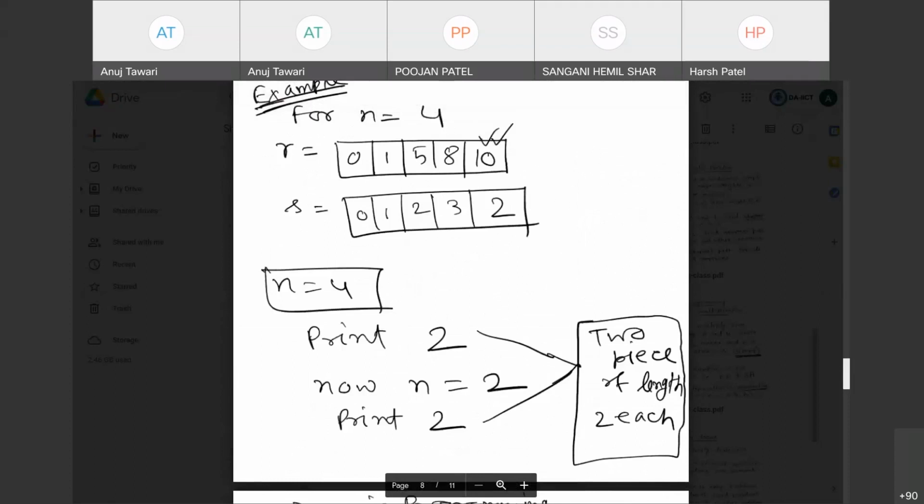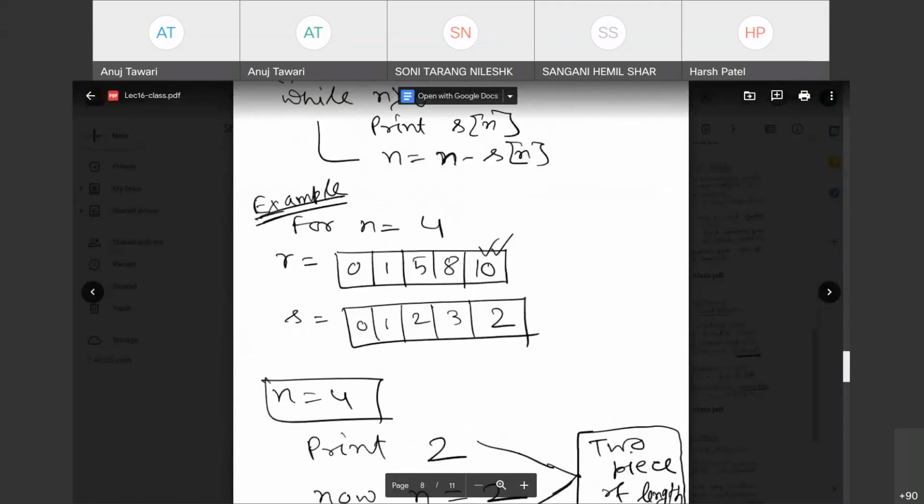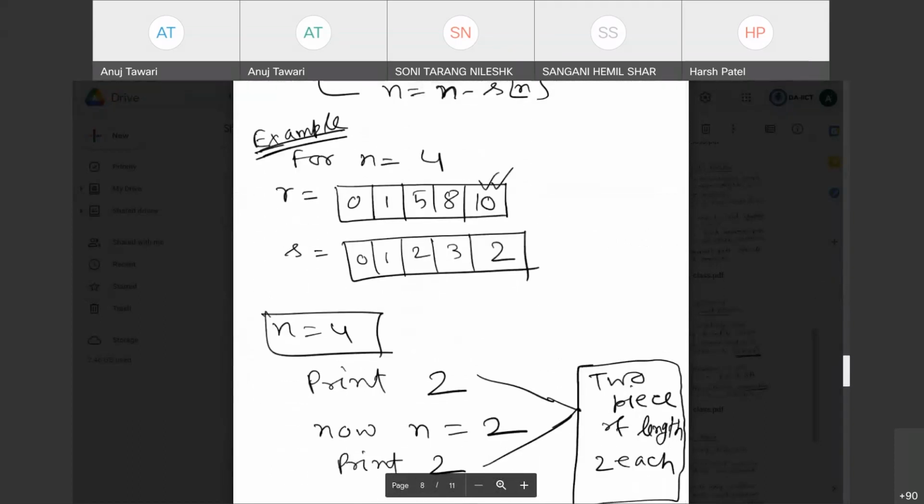Sir, can you please explain how the bottom-up approach was more space efficient? Yeah, that we will see. In certain problems it is not, in certain problems it is. The next problem we'll see will only require a constant amount of space.